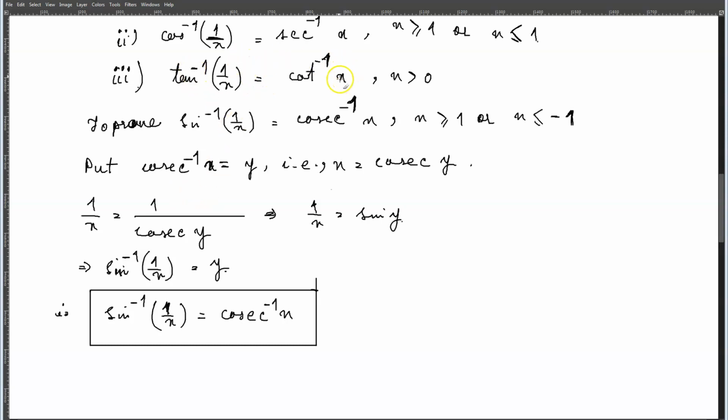Okay, similarly you can prove the second and the third parts of this result.